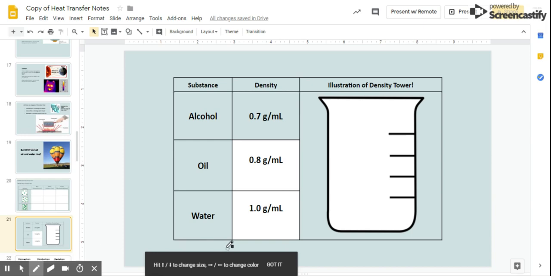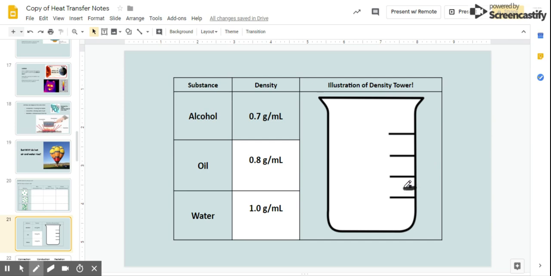Well, earlier we found out that when something has a high density, what does it do? High density sinks to the bottom. So something like water, which has a high density, sinks to the bottom.